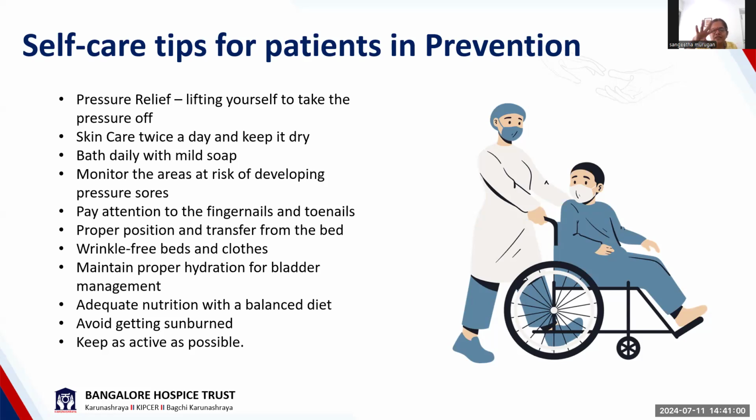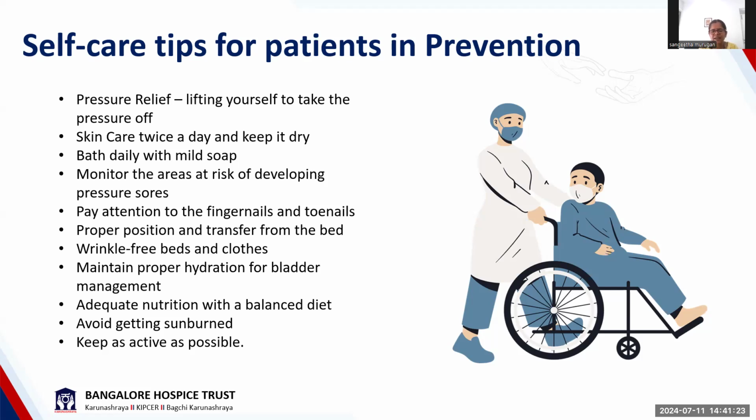And if you are taking care of the patient, go sit with the patient, touch the patient, talk to the patient, and see if there is any redness or warmth. And pay attention to fingernails and toenails, because if you accidentally touch, the patient will start to bleed, and it starts with infection and all these things.